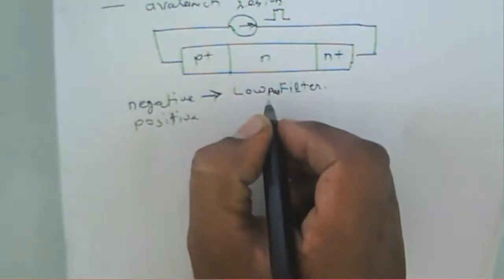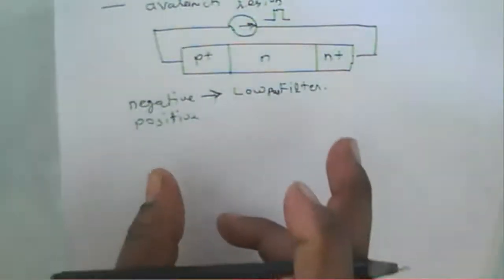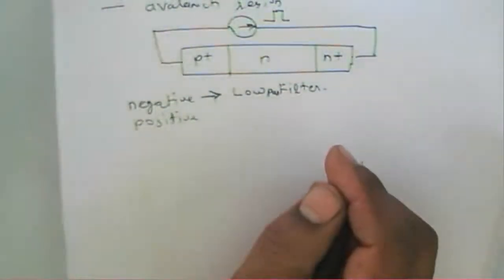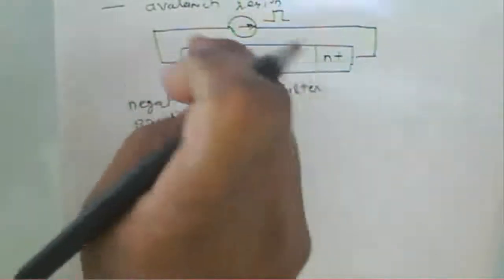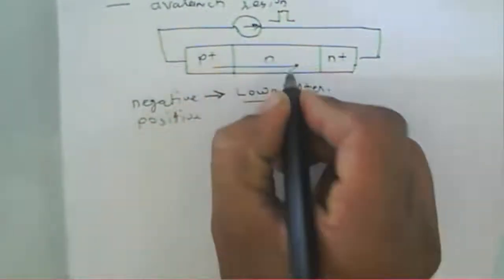It will act as a low pass filter, in this particular PN diode. When we apply a negative pulse to the diode, it will act as a low pass filter.